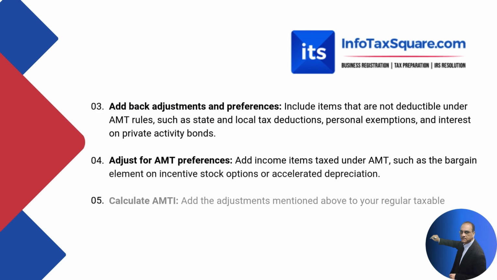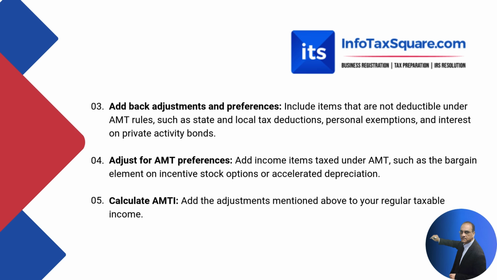Number three, add back adjustments and preferences. Include items that are not deductible under AMT rules, such as state and local tax deductions, personal exemptions, and interest on private equity bonds. Number four, adjust for AMT preferences. Add income items taxed under AMT, such as the bargain element on incentive stock options or accelerated depreciation.